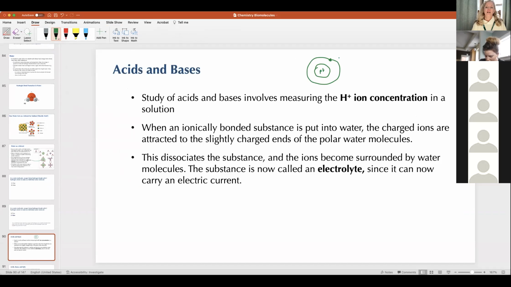But we've stripped this electron away. It's gone. So now we just have a proton. So pretty often you'll hear H plus just being referred to as a proton. Chemists, that's just their lingo. Biochemists talk that way a lot too. So sometimes when you hear them say the proton was released, they're talking about a hydrogen ion, a hydrogen cation, I should say more specifically.